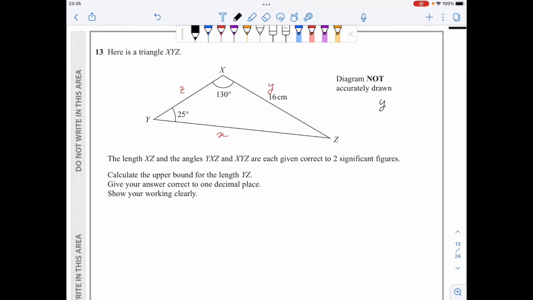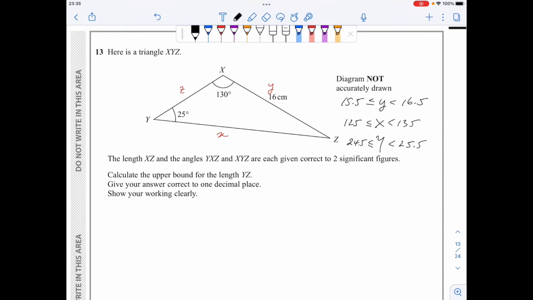So for Y, this is between 15.5 and 16.5. Angle X is between 125 and 135, and angle Y is between 24.5 and 25.5.